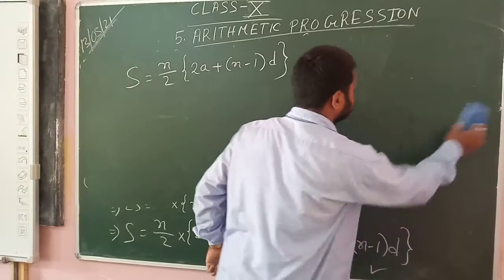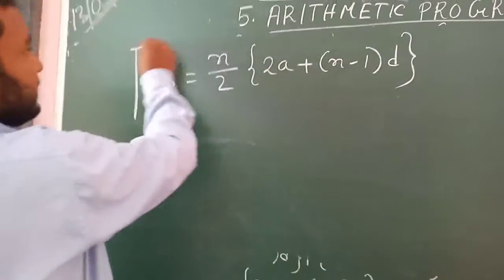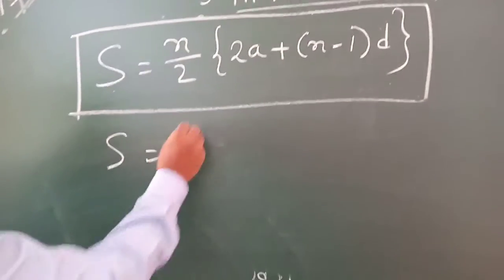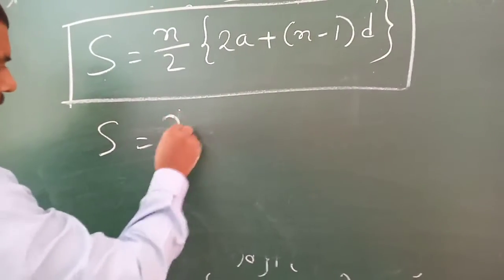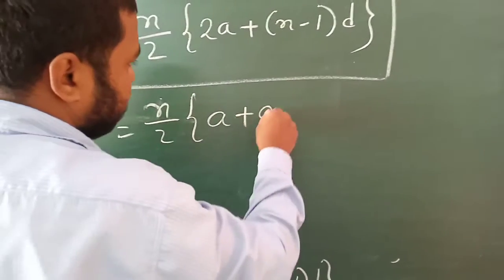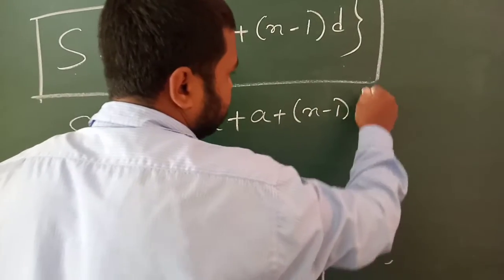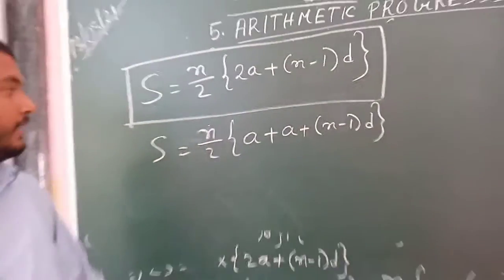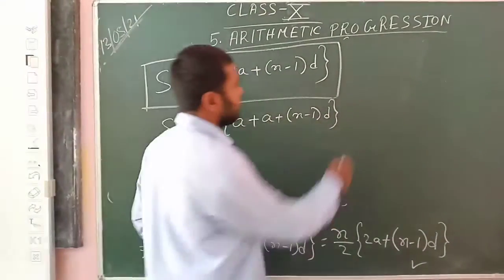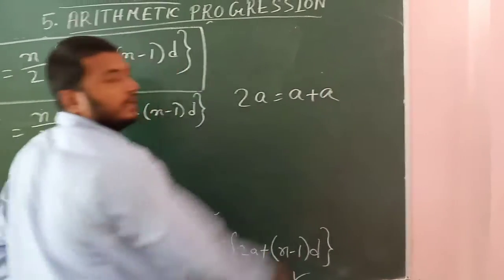This is very important. Now s will be equal to n by 2 into twice a plus n minus 1 d. Twice a, I can write as a plus a.